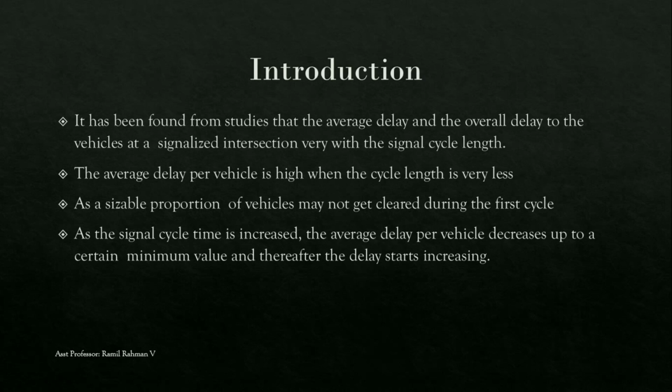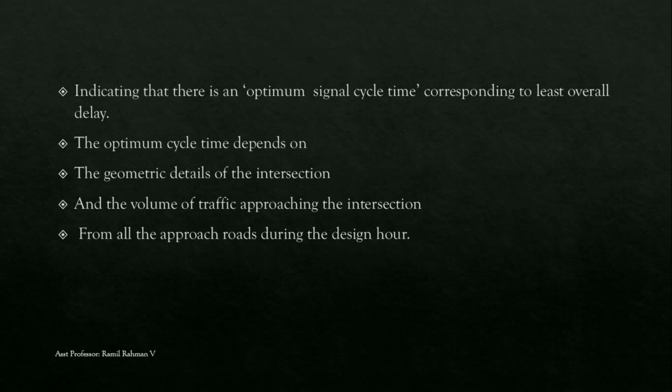As the signal cycle time is increased, the average delay per vehicle decreases up to a certain minimum value, but thereafter the delay starts increasing, indicating that there is an optimum signal cycle time corresponding to least overall delay.